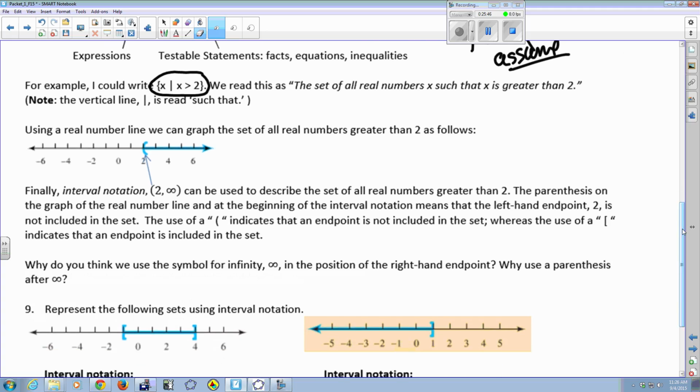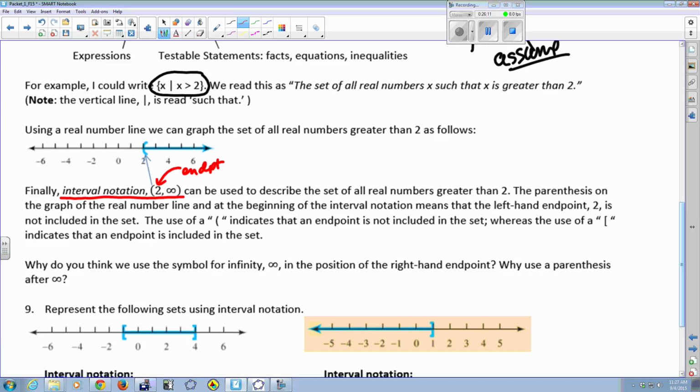Now, the notation you're going to be using often in your MyMathLab homework, at least right now, is interval notation. And notice I have this little arrow that goes from the parenthesis at the beginning of this notation up to the number line. Because 2 is one of your endpoints. It's your left-hand endpoint in this interval.